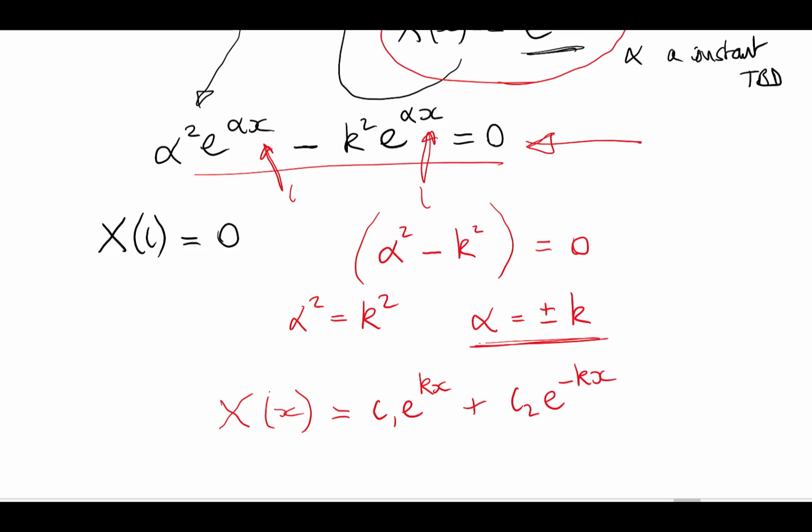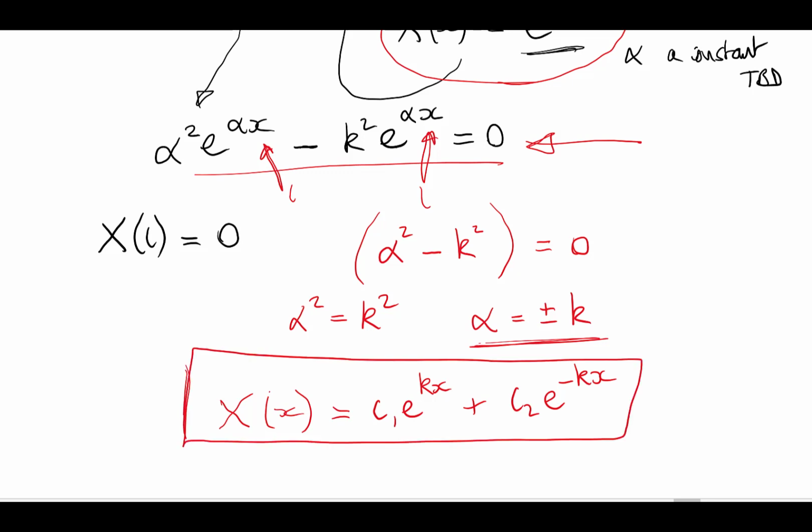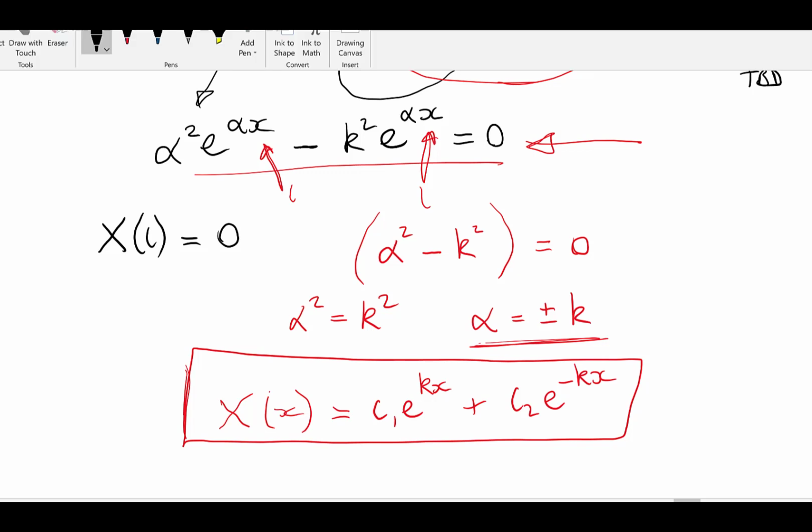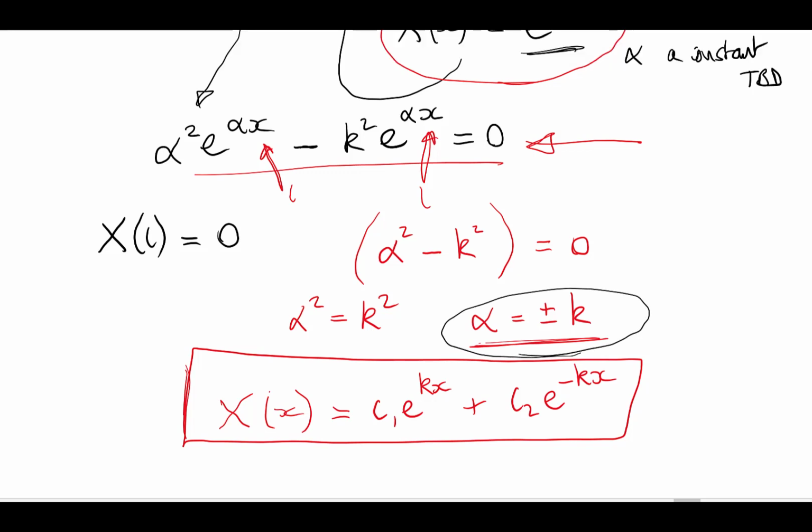And that ends up being our general solution. So this is a general solution. What's the problem with this? Well, when you think about it, the problem is that when alpha is equal to plus or minus k, that means that whatever the value of x in here, it can't be a solution to our differential equation.